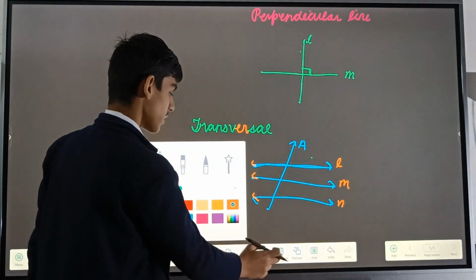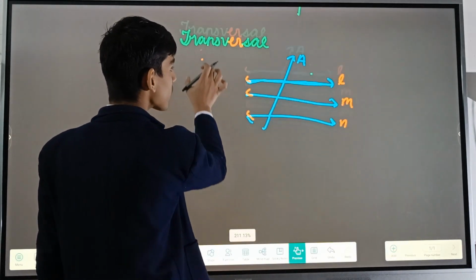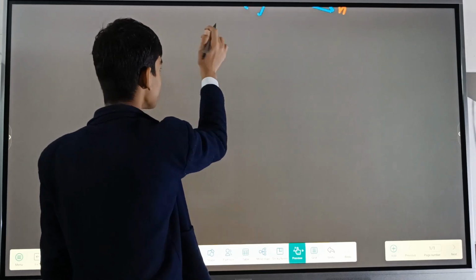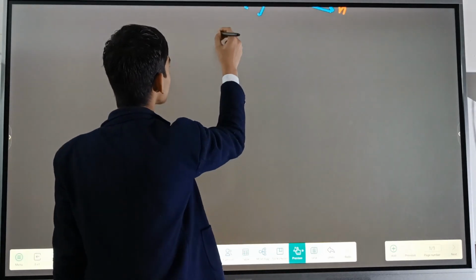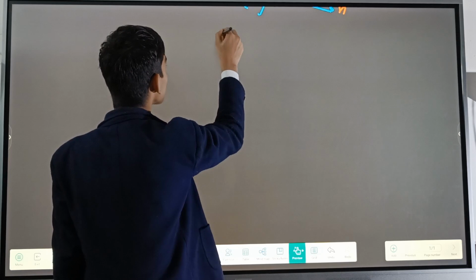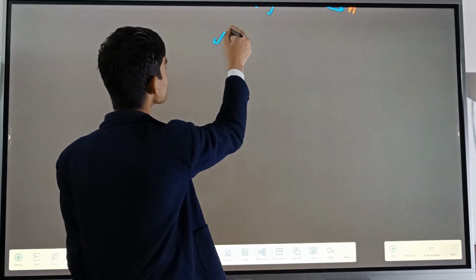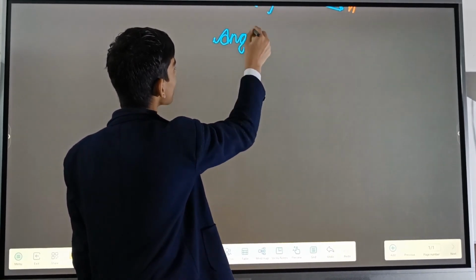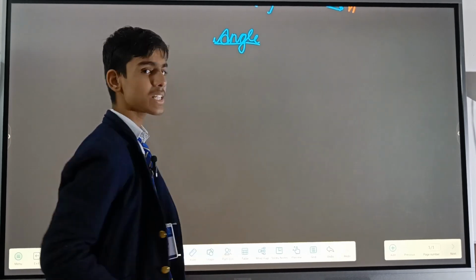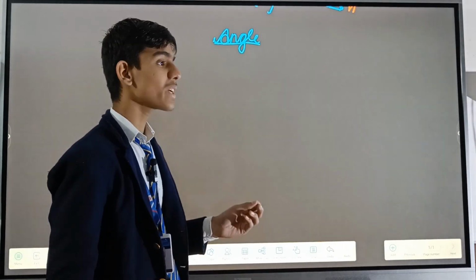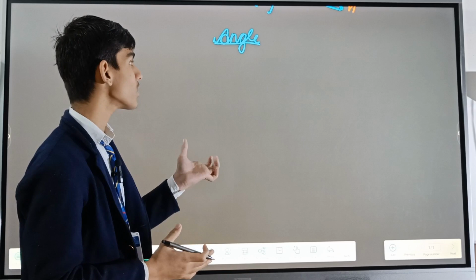Now we proceed to the next topic, angle. What is an angle? When two rays meet at the same initial point, it is known as an angle.